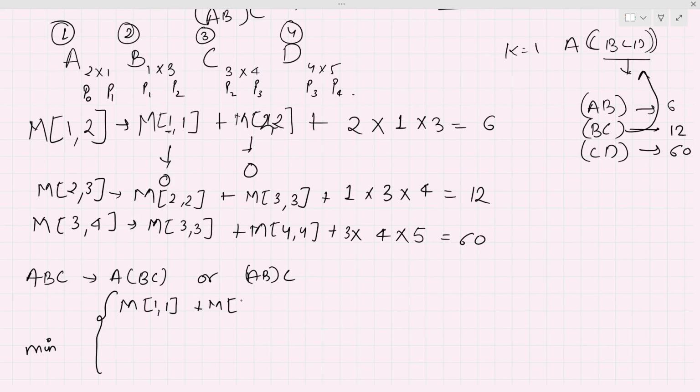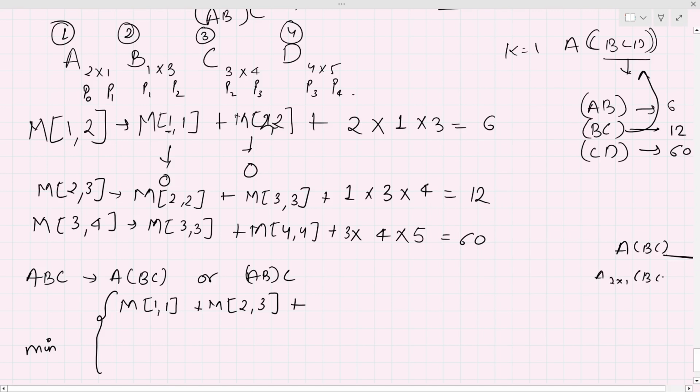Now BC is a pair, so BC means 2 comma 3, the second matrix and the third matrix, plus, now this is the most important thing that you have to remember, because we know the value of 2 comma 3, which we write as 12. So we add this, but how can we multiply these two matrices? How do we determine what type BC is, because we know A is 2 cross 1.